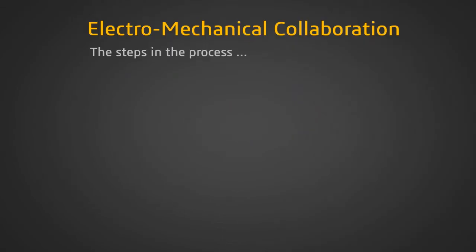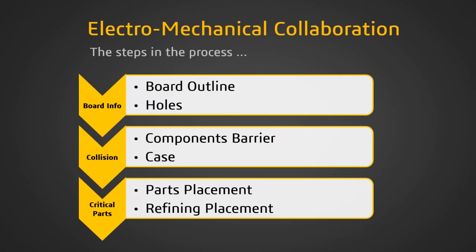The steps in our process will improve your overall collaboration between electronics and mechanical information. You can define the board outline, the holes, the critical components, keep out and component barriers, and case definitions, and you can refine the placement using SOLIDWORKS 3D CAD.